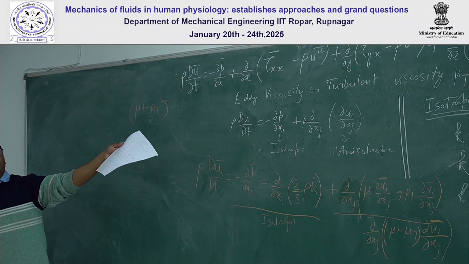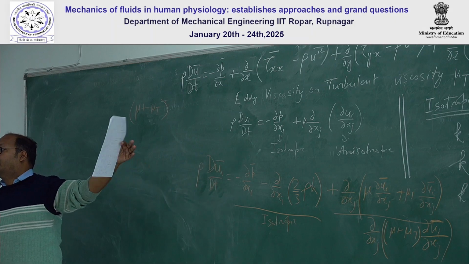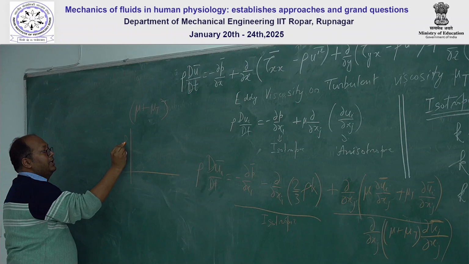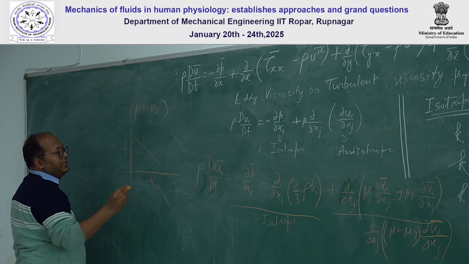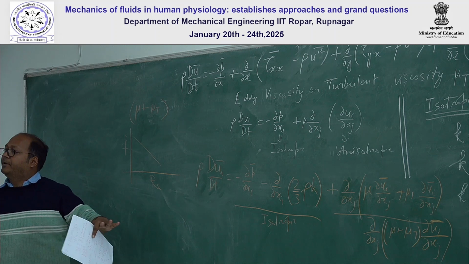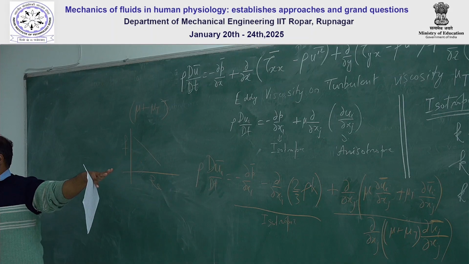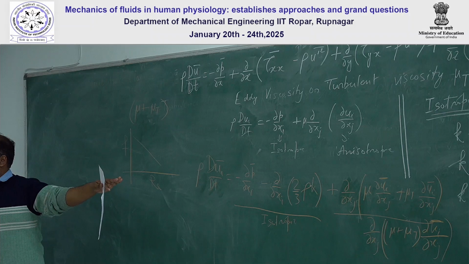So normally we know that when we measure the friction for, let's say, a pipe flow, we can keep the pipe entrance very smooth, and then we can push the transition to turbulence as high as possible.